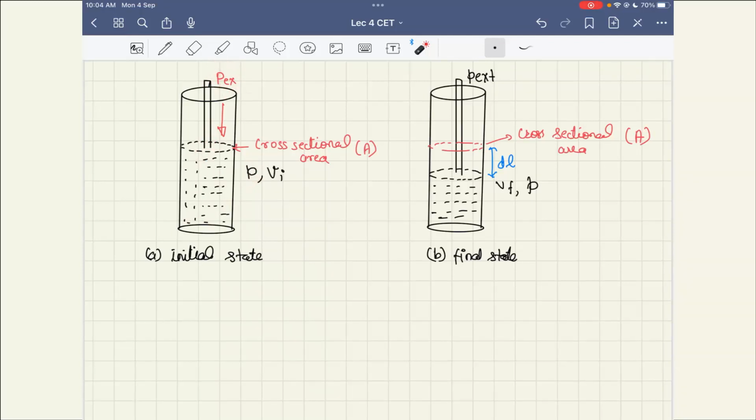Now if P external is greater than P, what is going to happen? The volume of the gas is going to get lesser, so the gas is going to get compressed. Whereas if P is greater than P external, then the gas is going to expand. In the current case, we are assuming that P external is greater than P, because of which gas compression occurs.